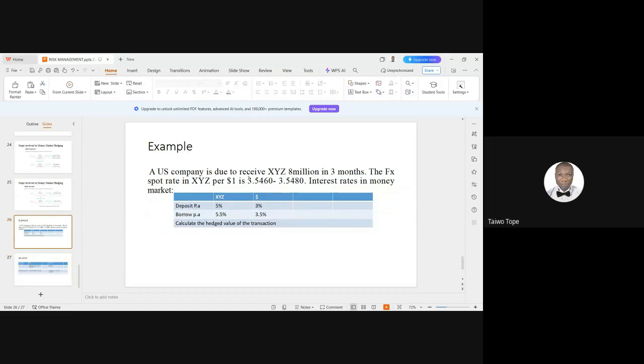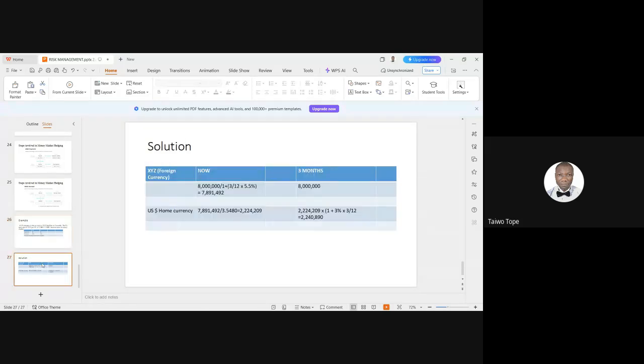The US company is due to receive this in 3 months. Forex spot XYZ per $1 is this. Interest rate in money markets calculates the hedge value of the transaction. So now, the hedge value of the transaction would be $2,240,890.